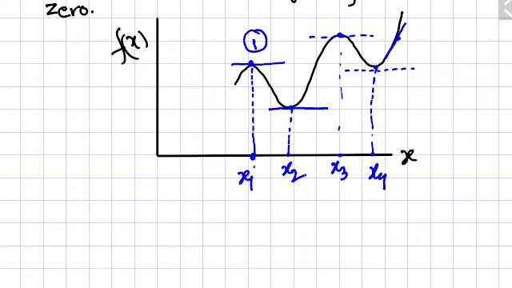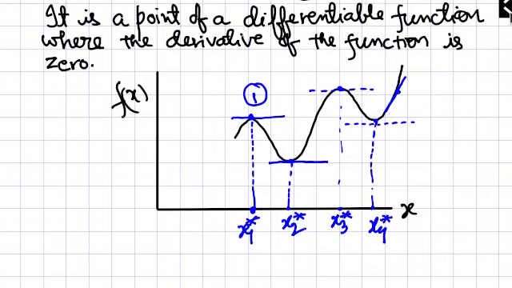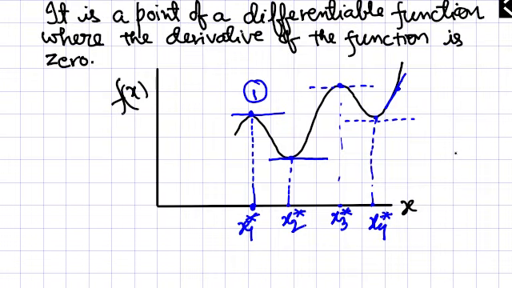And one more point: for notation purposes, you will show an asterisk here like this. So these will represent your stationary points. You put an asterisk with that point, then it will tell you that it is a stationary point, and you will have no confusion.